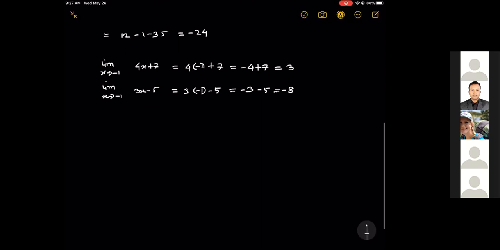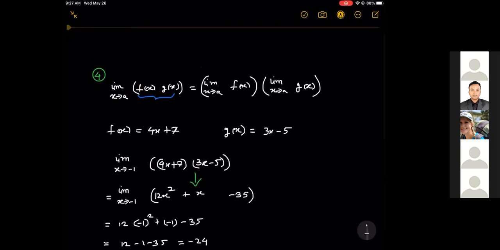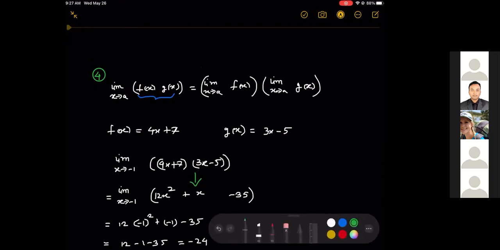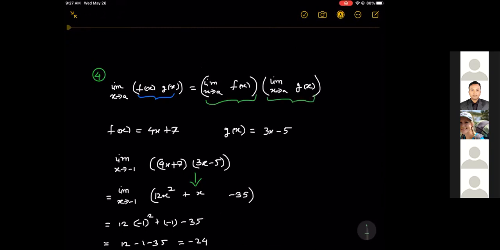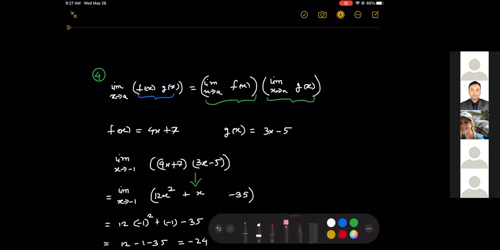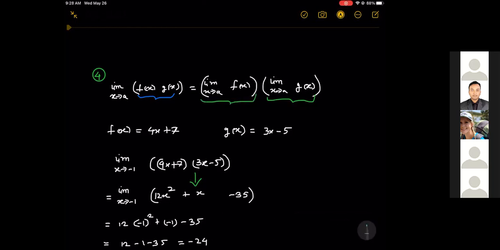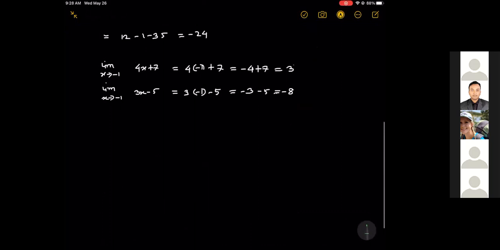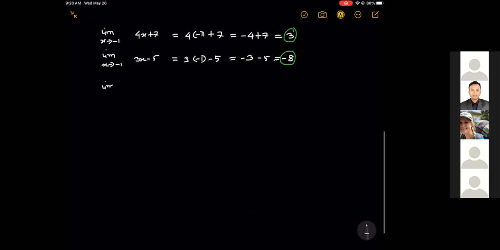Now, on the right-hand side, we have the product of those two limits, right? So we can now multiply those two: limit x tends to -1 of f of x times limit x tends to -1 of g of x.